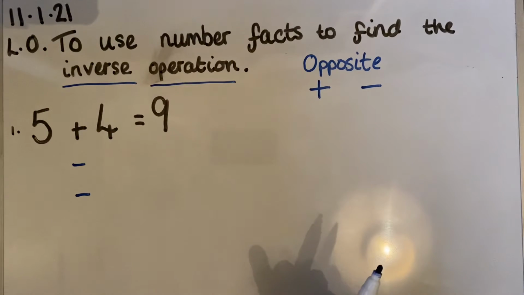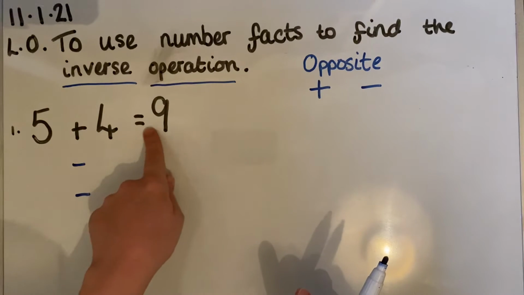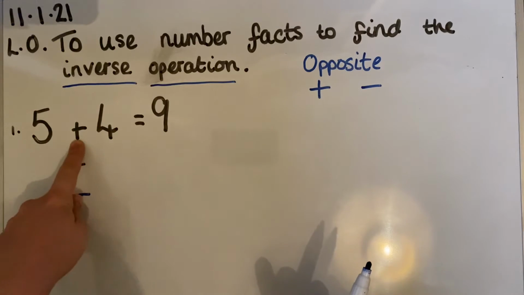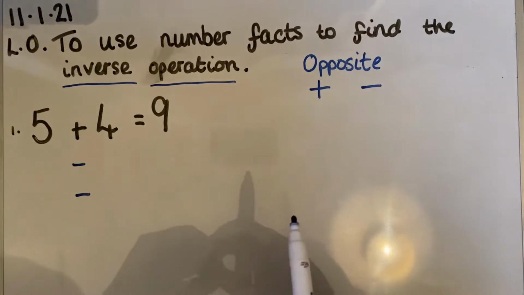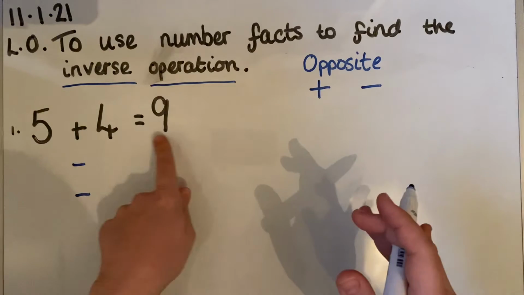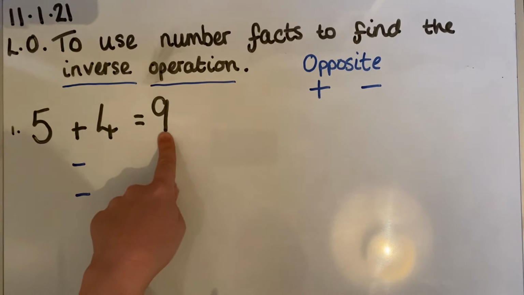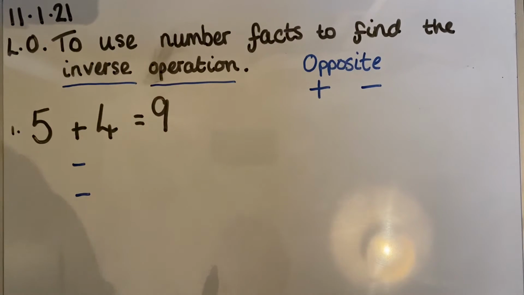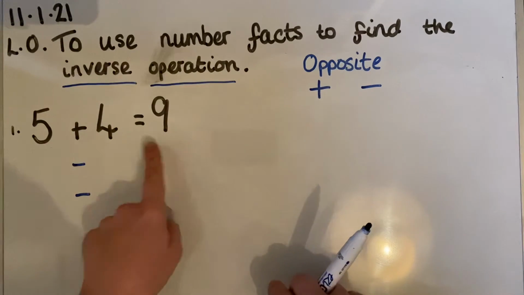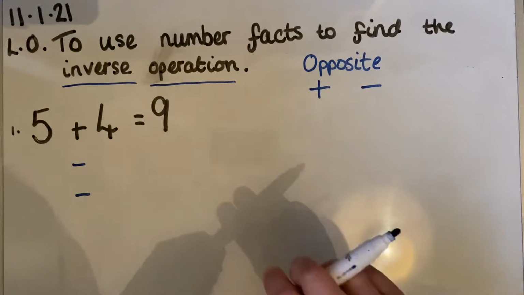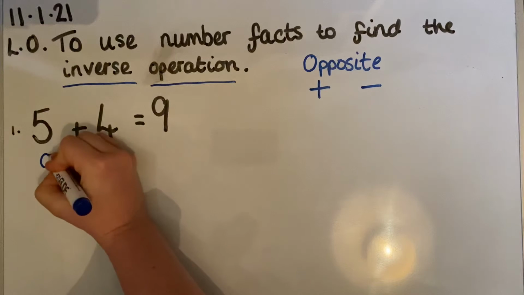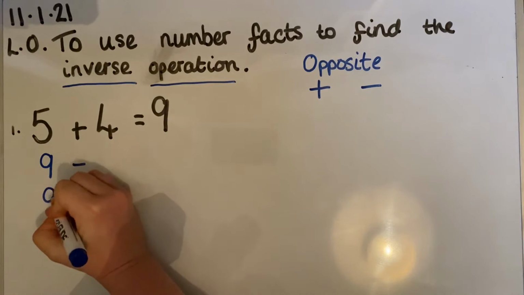Okay, so I've got 5 add 4 equals 9. Like we said at the start, when you add numbers together, they get bigger, don't they? So our biggest number usually goes on the end. When we take numbers away, they get smaller. So our biggest number will usually go at the start. So I'm going to put 9 at the start of both of my sums.